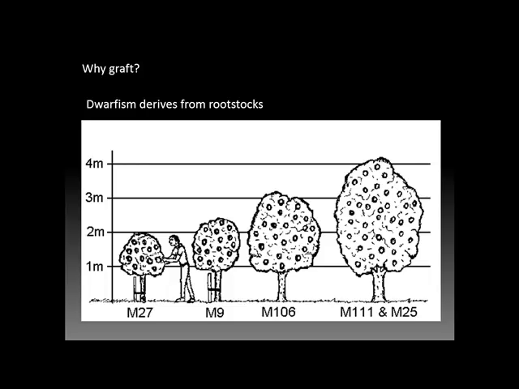So dwarfism can be promoted through grafting dwarf rootstocks. However, as we heard when we visited the orchard, the more the tree is dwarfed, the more finicky it is about the soil that it's planted in, and the more likely it is to require staking.